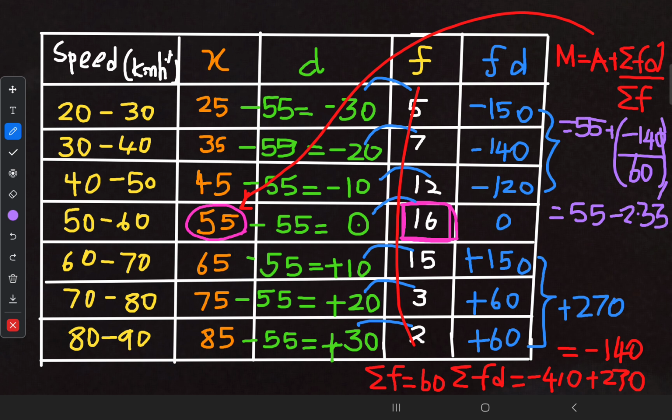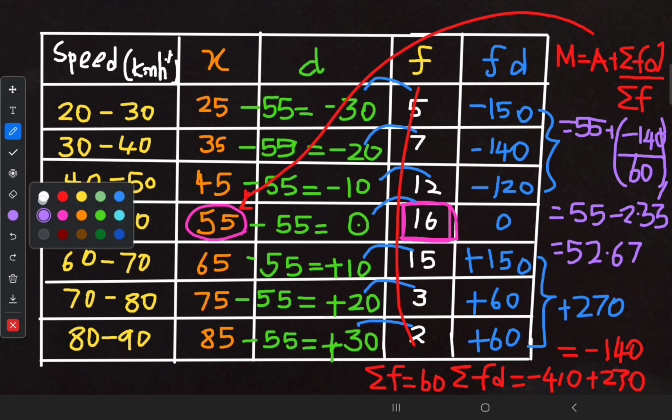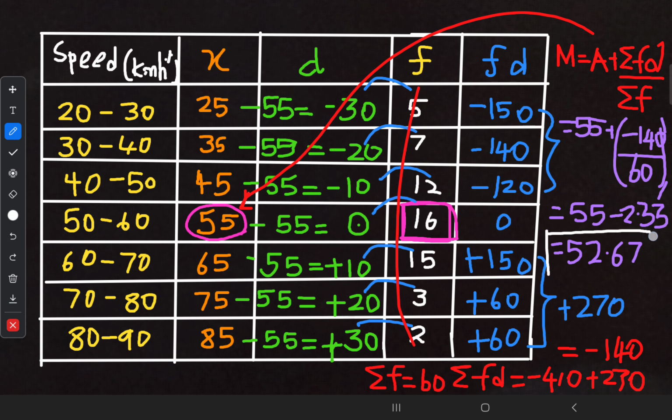So from 55, we have to subtract 2.33. That will give you 52.67 as your actual mean. This is the way you should find your actual mean in this case.